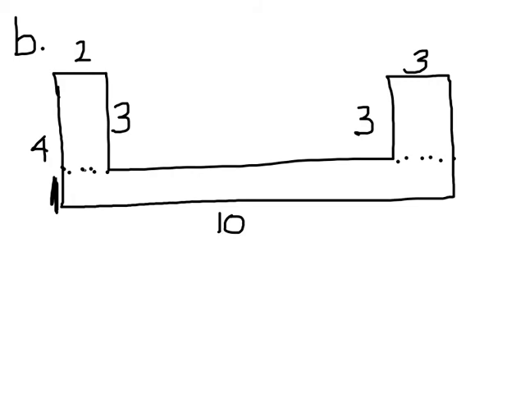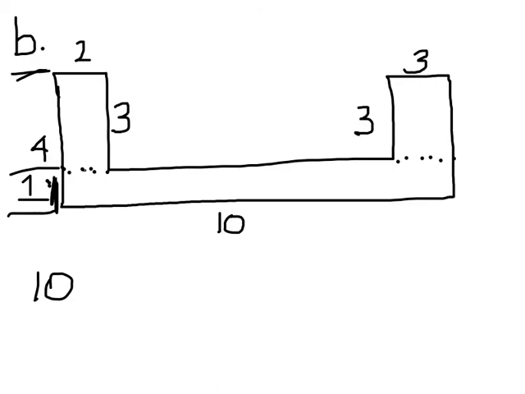But I know that from here to here, vertically, is 4. And from here to here is 3. So that leaves me knowing that this piece right here has to be 1. So then this would be 1 times 10, which is 10 for that box.